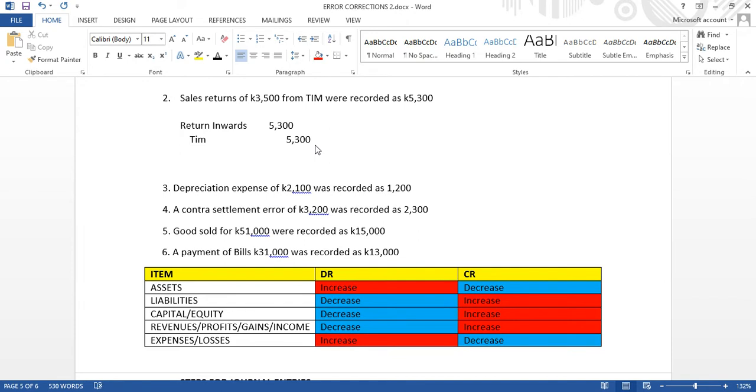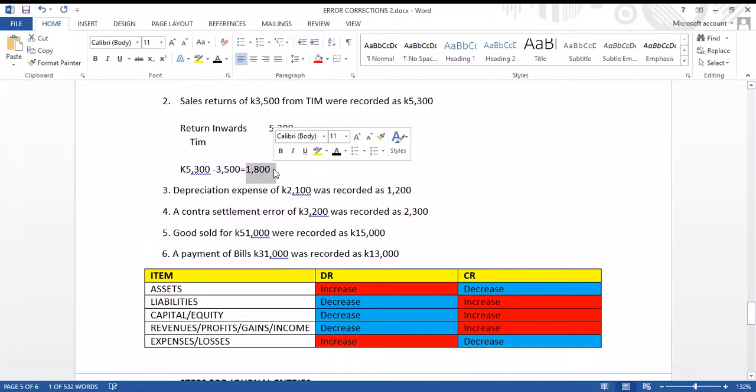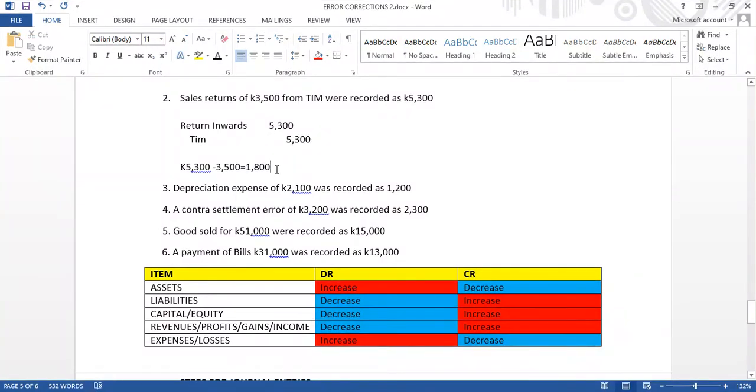We subtract the correct amount: 5,300 minus 3,500, we get 1,800. 1,800 is divisible by 9, so you know this is an error of transposition.